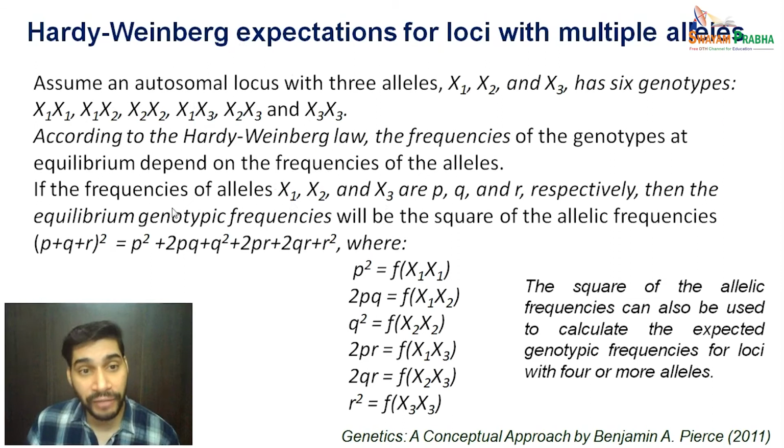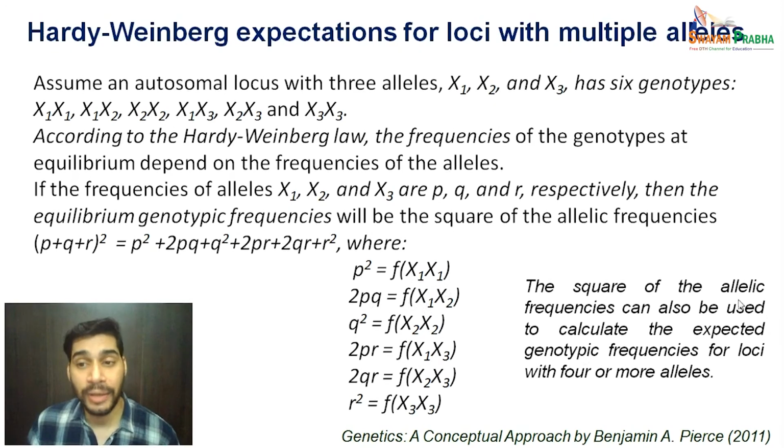If the frequencies of alleles X1, X2 and X3 are denoted by p, q and r respectively, then the equilibrium genotypic frequencies will be the square of the allelic frequencies, that is (p plus q plus r) whole square, which gives the expression p square plus 2pq plus q square plus 2pr plus 2qr plus r square, where p square represents the frequency of X1X1, 2pq denotes the frequency of X1X2 and so on, which you can see here.